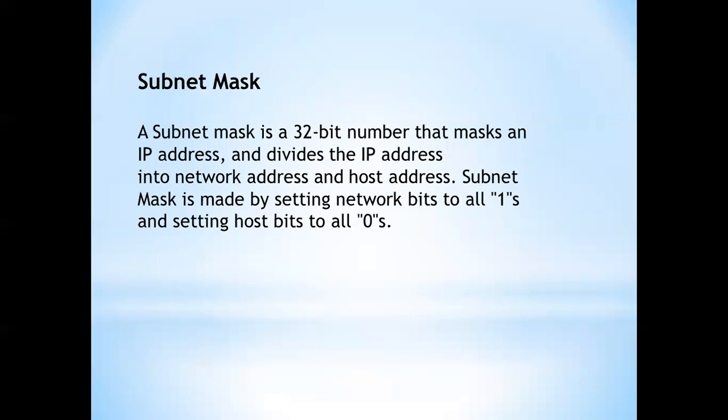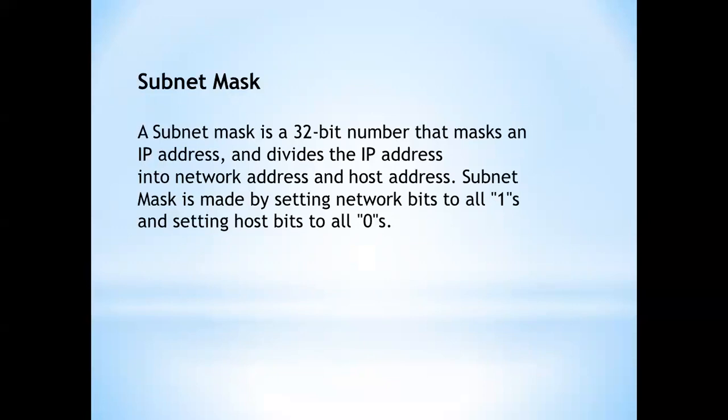Next is subnet mask. The number of ones in the subnet mask is more than the number of ones in the corresponding default mask. In the subnet mask, we change some leftmost 0s in the default mask into 1s to make a subnet mask. For example, a class B network is there, and suppose the mask is 255.255.0.0.